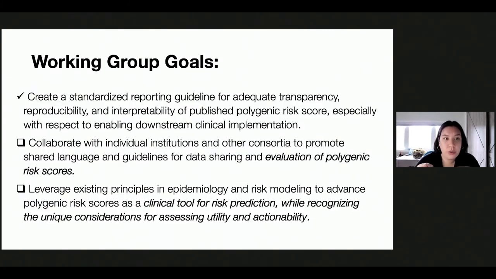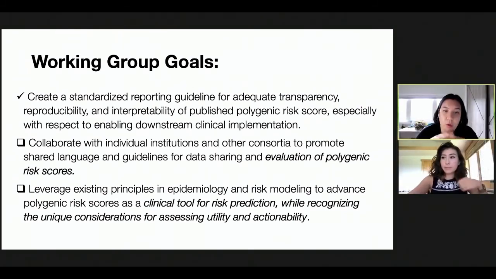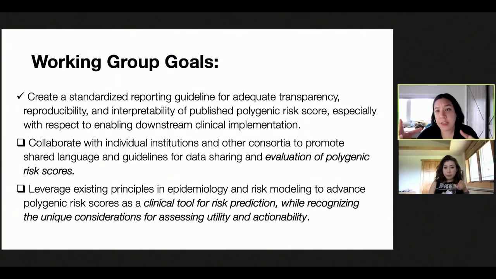So, we already talked about this first goal of creating a standardized reporting guideline that was completed a few months ago. And now that we've moved on from reporting, I think it's important to move to evaluation. So curation and evaluation. And these efforts are ongoing and under development as we move forward.